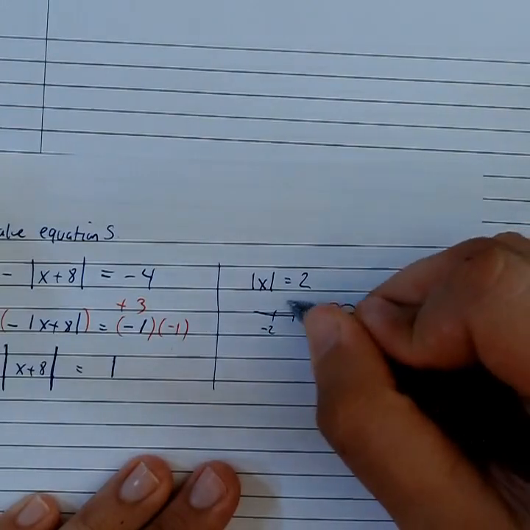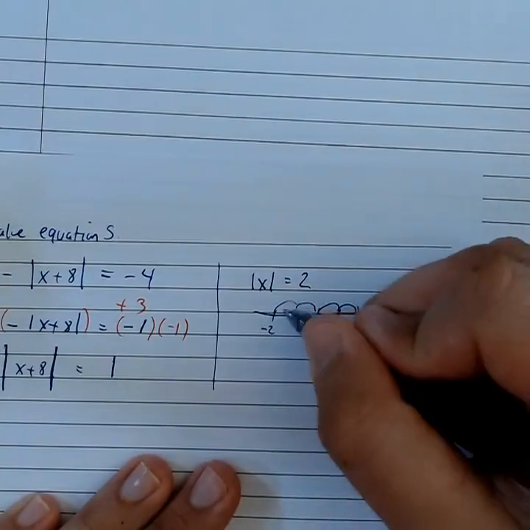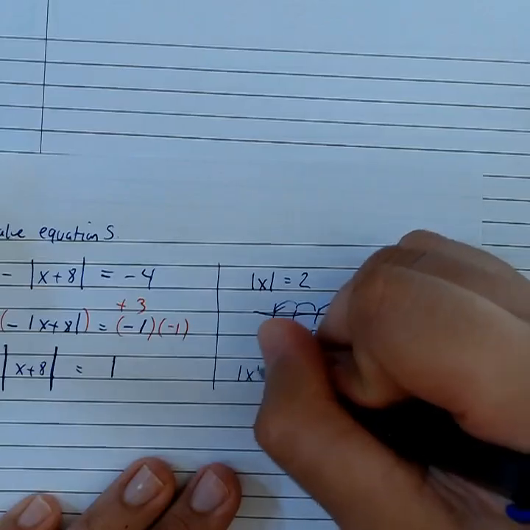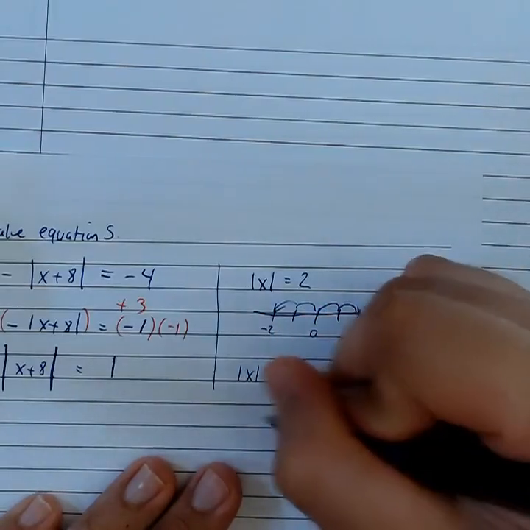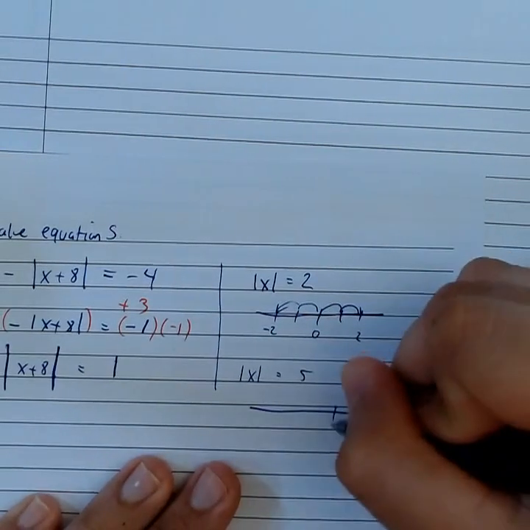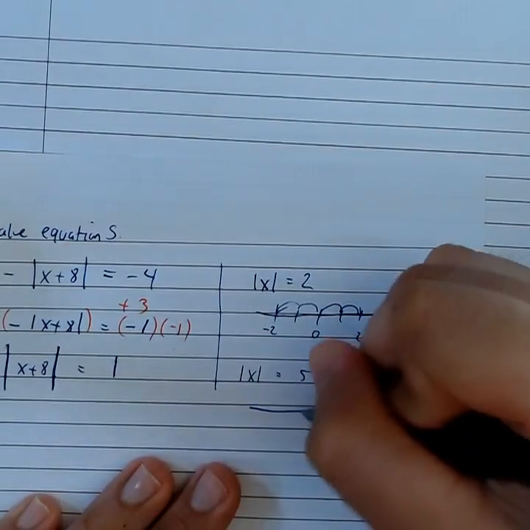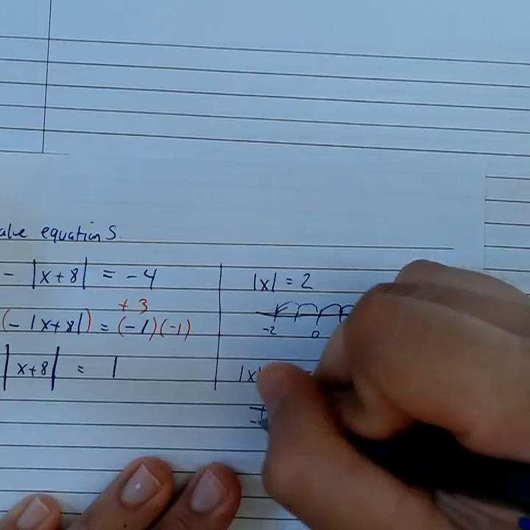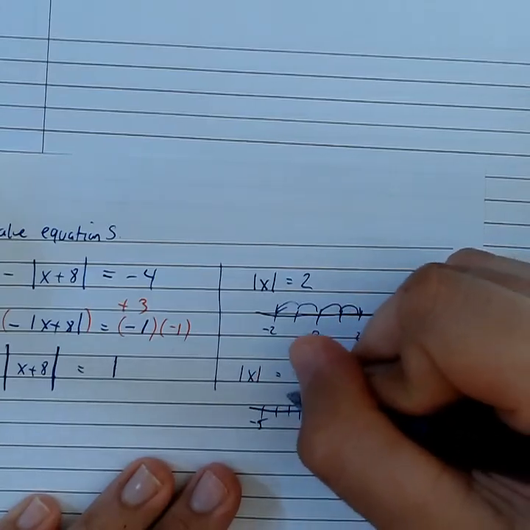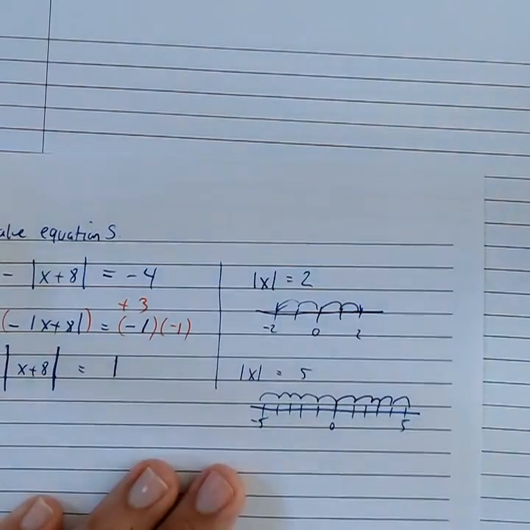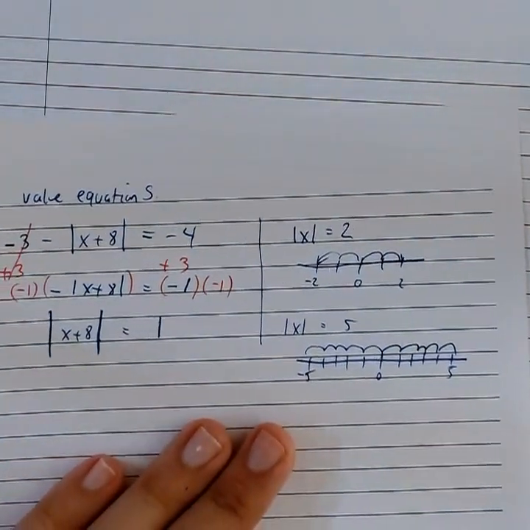They're the numbers that are 2 steps away from 0, either this way or this way. If I say the absolute value of x is equal to 5, well, same thing. It's the numbers that are 1, 2, 3, 4, 5 steps away from 0, and it doesn't matter what direction they're in. So whenever I have the absolute value of x is equal to 5, well, then I'd have 2 different solutions to that.